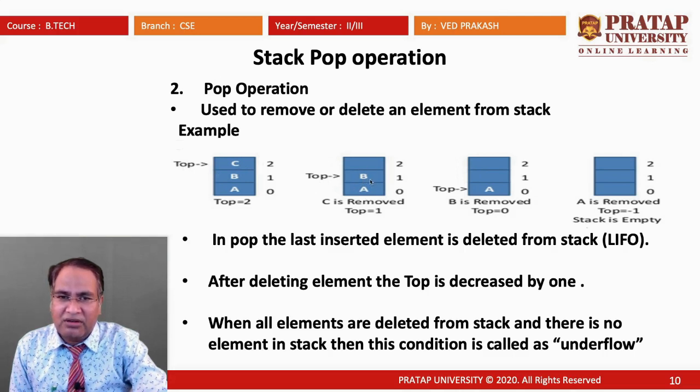When I remove the element B, top decreases to 0, and when I remove the element A, top becomes minus 1. This denotes the condition where our stack is empty, or in other words, the stack is underflow. So this is the basic concept of the popping operation.